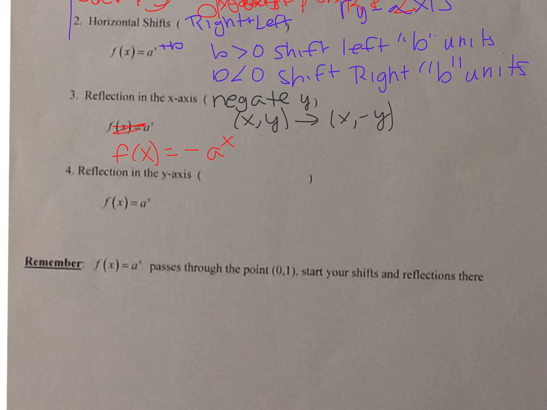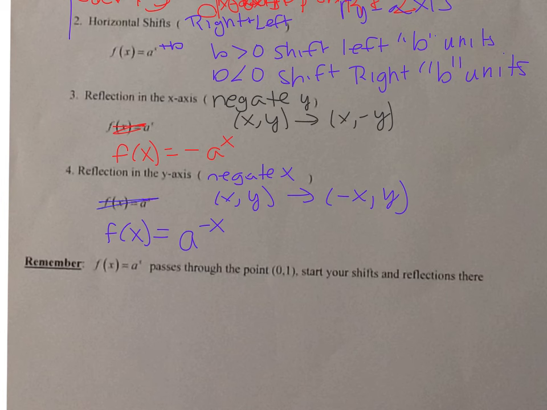A reflection over the y-axis, you negate the x. So remember, the rule is (x, y) becomes (negative x, y). So f of x becomes a to the negative x power. So let me write it down here so you can see it. A to the negative x power.